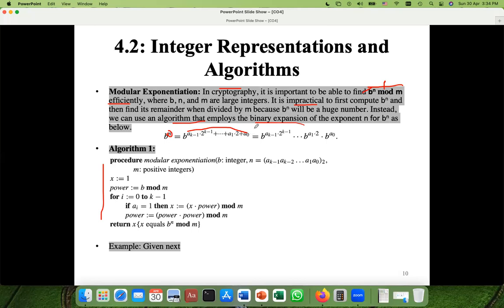So this is the binary representation of n.